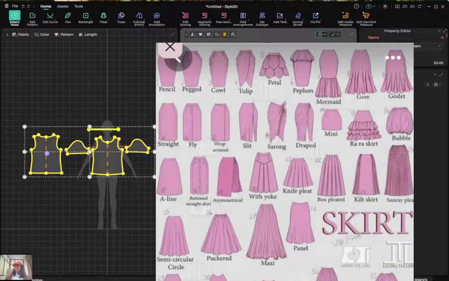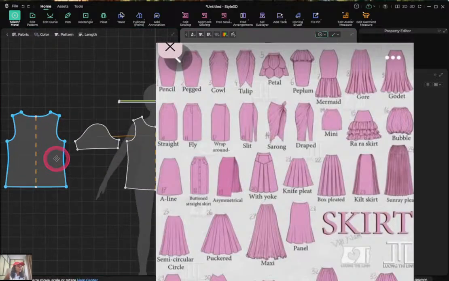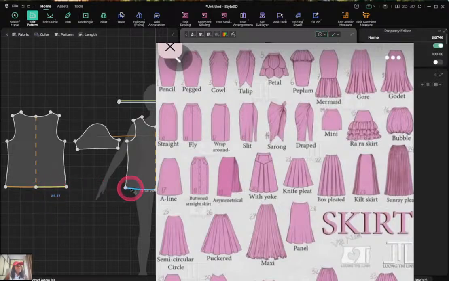After that, I'm going to bring in a basic skirt so that we cover her. Actually, before I do that, let me shorten the top so that once I start designing the skirt, we don't have an issue.